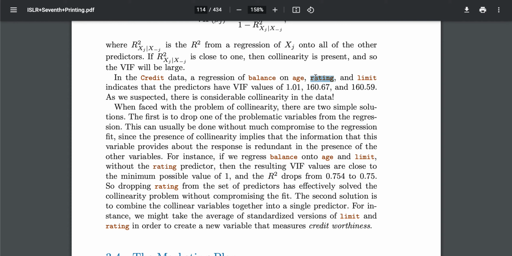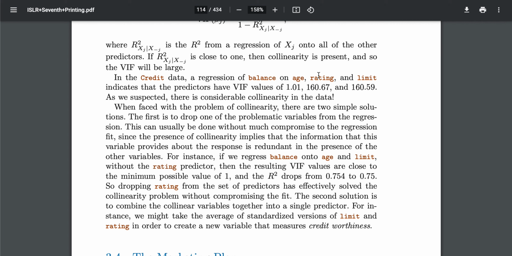Whereas rating regressed on age and limit has a 160 variance inflation factor, and limit on age and rating has a 160 variance inflation factor. So both of these are highly collinear.